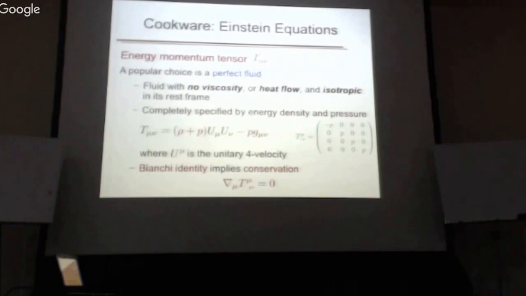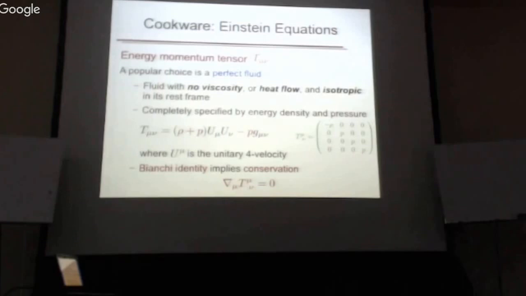In mathematics, it's just a fluid that is described by its density and its pressure. That's it. And the energy momentum tensor takes the following form for a fluid. So here is the density, the pressure, times this unit velocity of the fluid, so how the fluid is moving with respect to the reference frame.